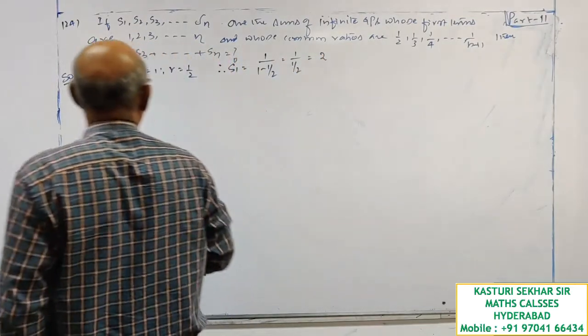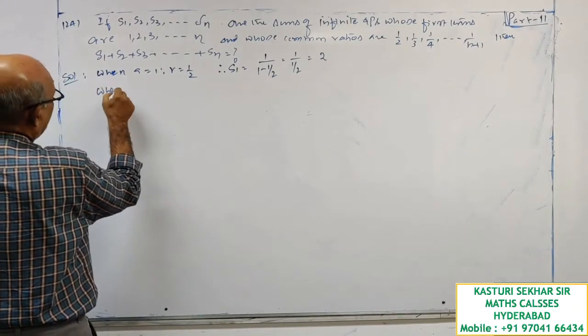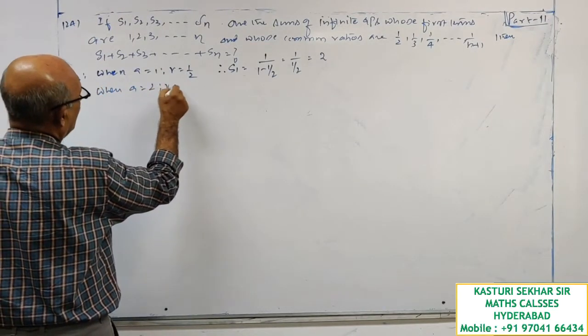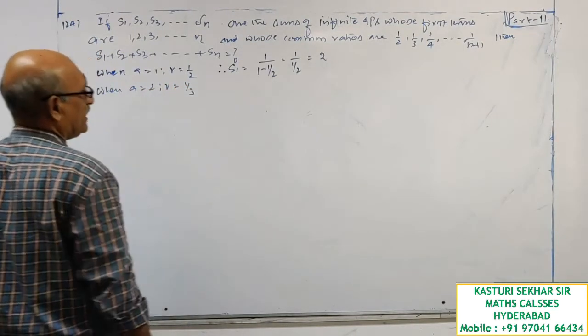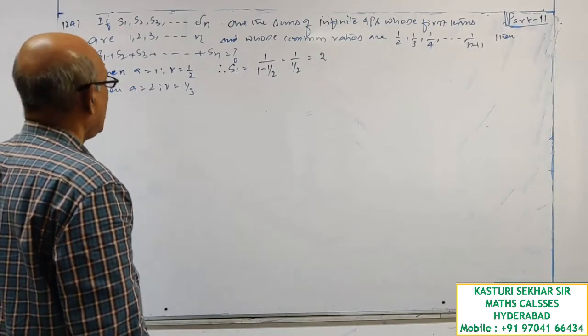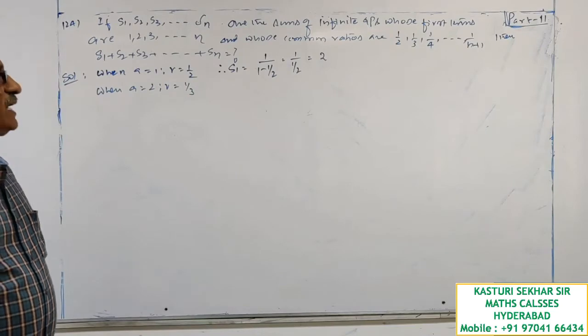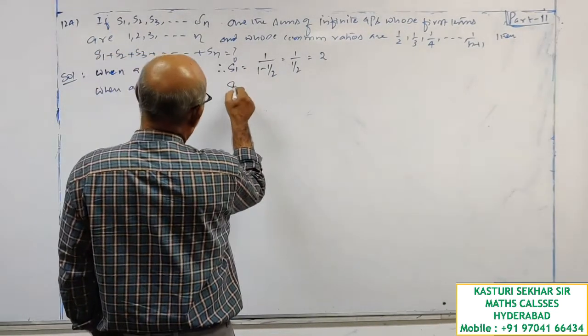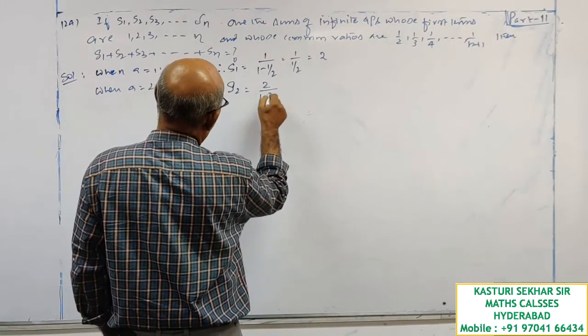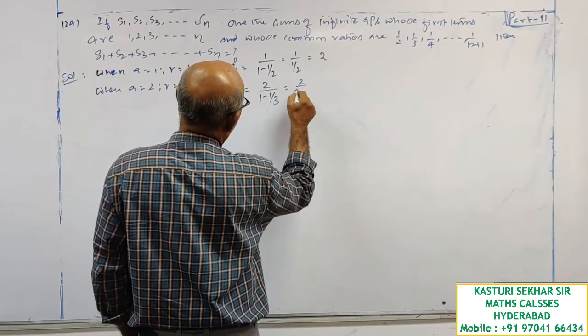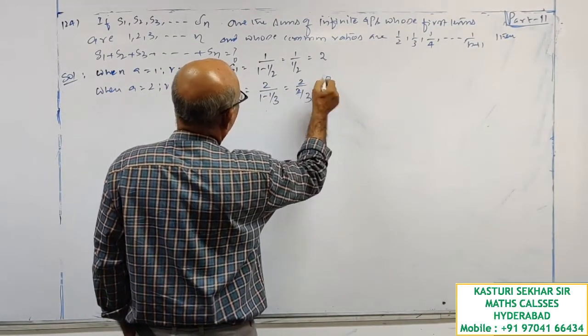This is 2. When a is equal to 2, r is equal to 1 by 3. Again, you will get an infinite geometric series. For this, if I calculate the sum, it is denoted by S2. First term divided by 1 minus common ratio, 3 you will get.